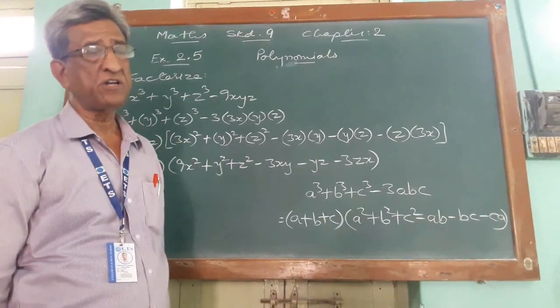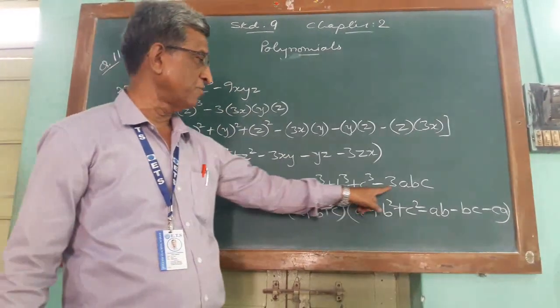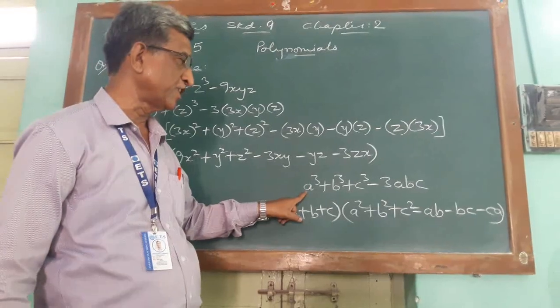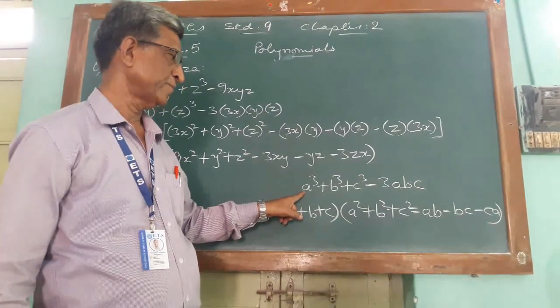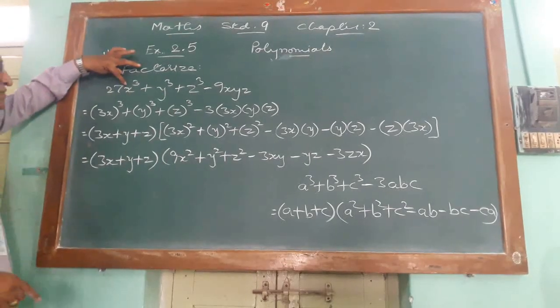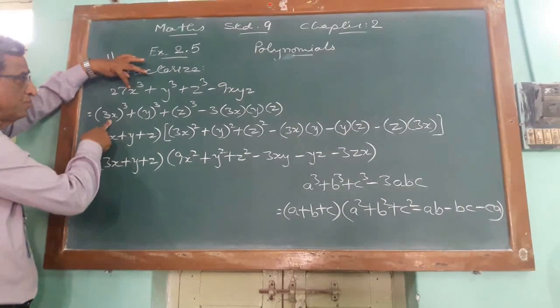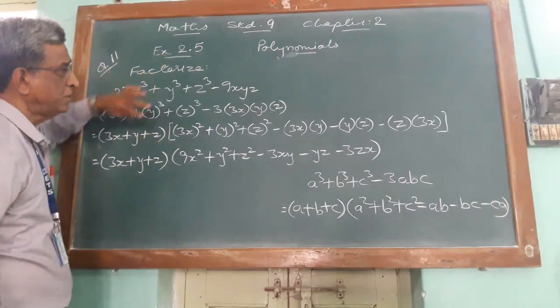First of all, you express the given sum in the form of this formula. So instead of that I have written 27x cube as 3x whole cube, y cube, z cube.